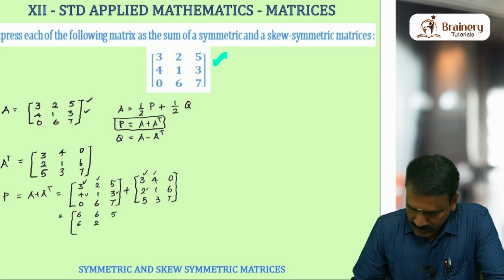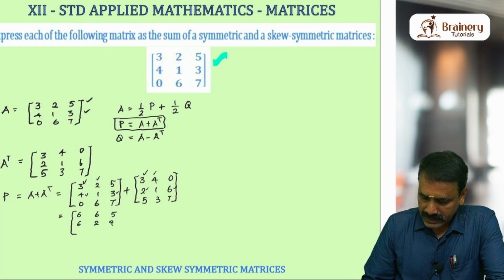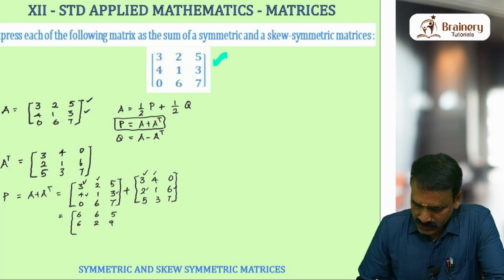Second row third element 3 added with the corresponding element 6. So corresponding elements added, so 9. Then 0 plus 5 is going to be 5. 6 plus 3 going to be 9. 7 plus 7 going to be equal to 14.